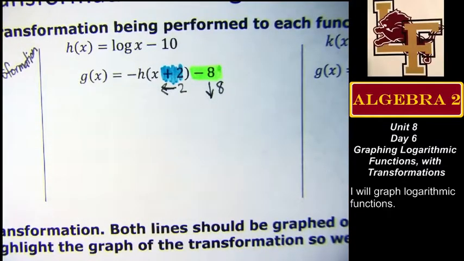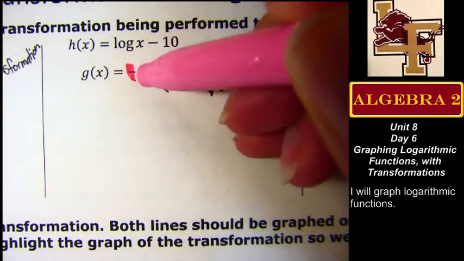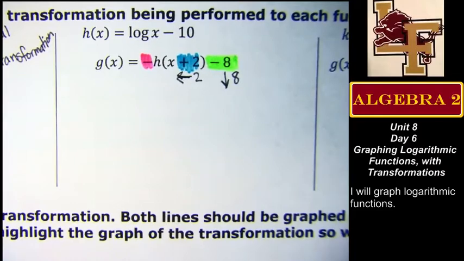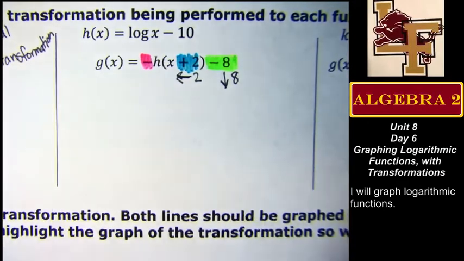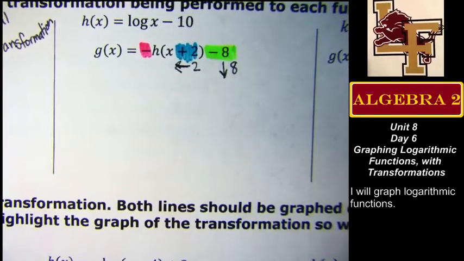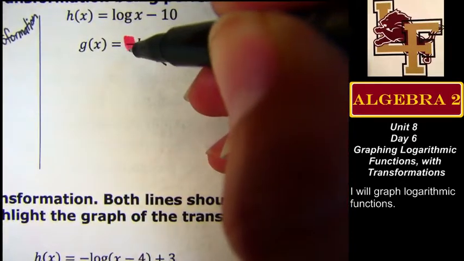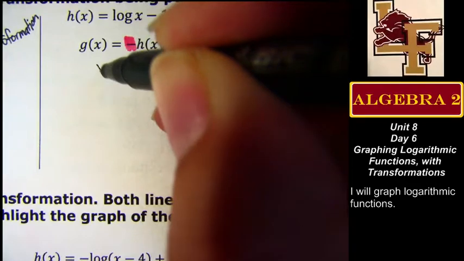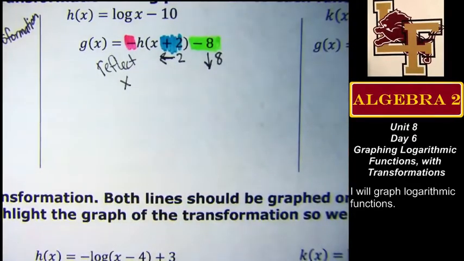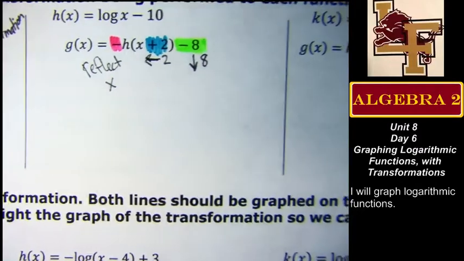And right here, in front of the function, I have a negative sign, which is going to be a vertical reflection. That is a reflection in the x-axis. Reflect x. Okie dokie.